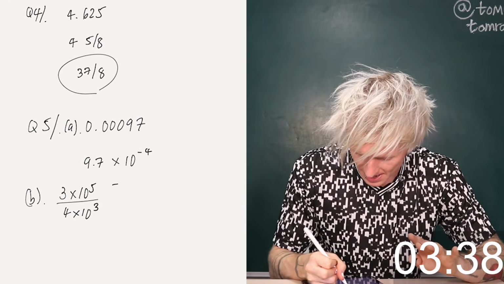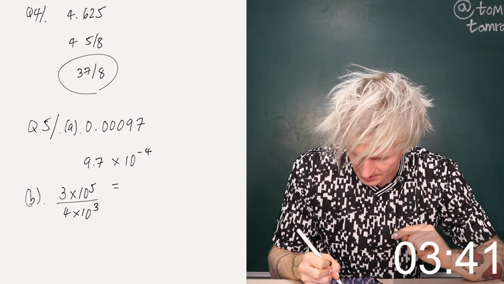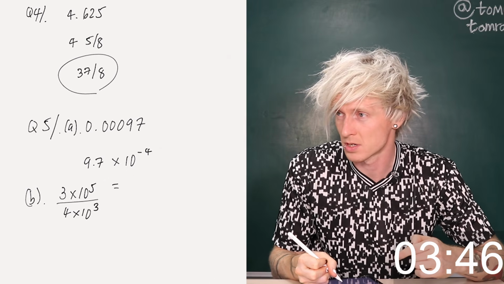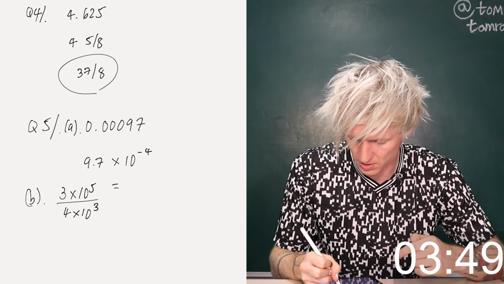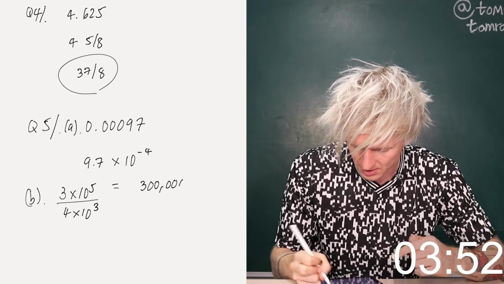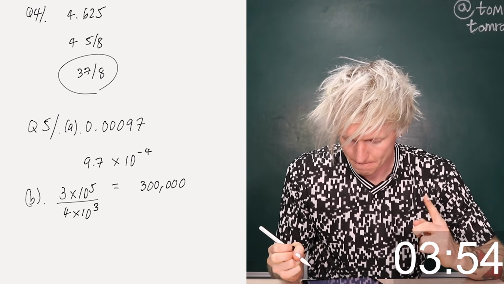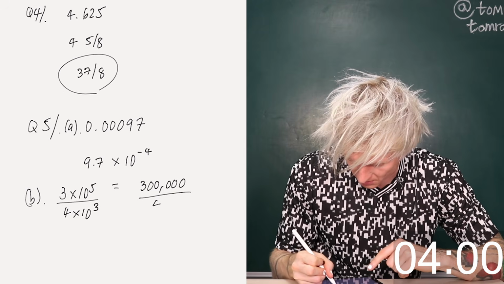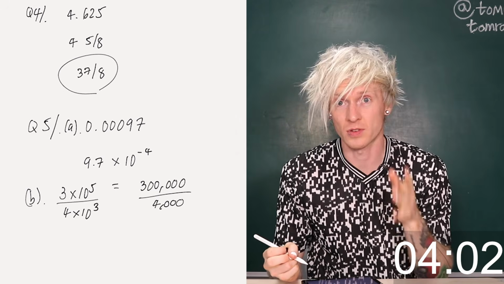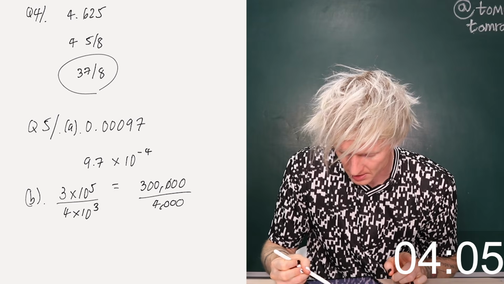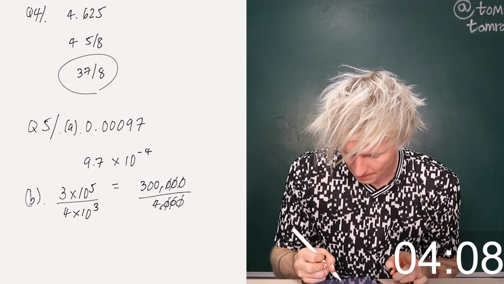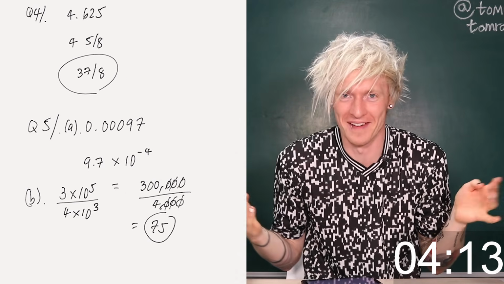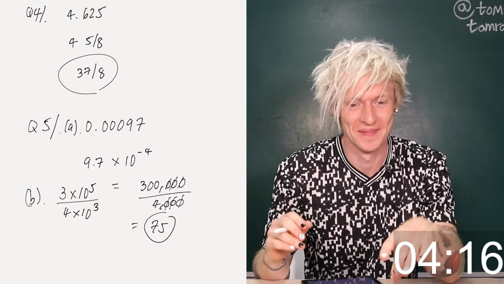So 3 times 10 to the 5, that's 300,000. And then 4 times 10 to the 3 is 4,000. So 300,000 divided by 4,000, let's cancel the zeros. So that's 300 divided by 4, which is 75. So it isn't a fraction. I guess 75 is an ordinary number, whatever that means. Okay, I go with 75.